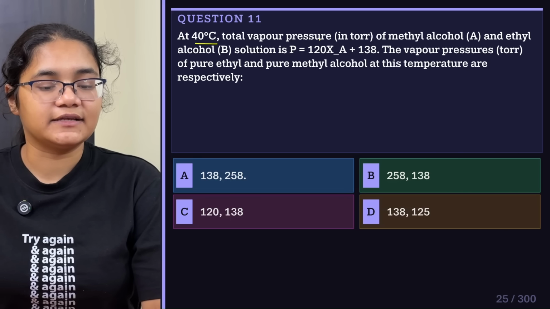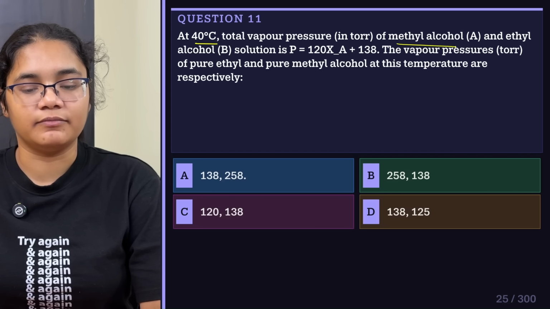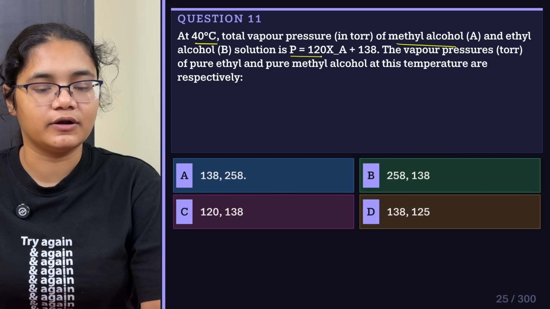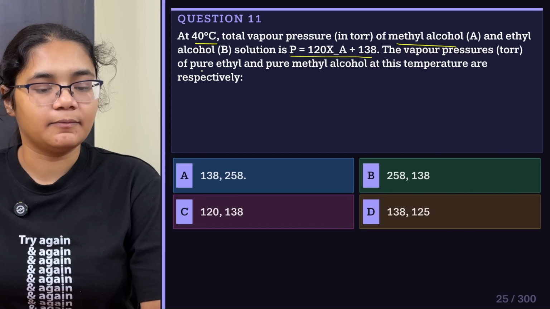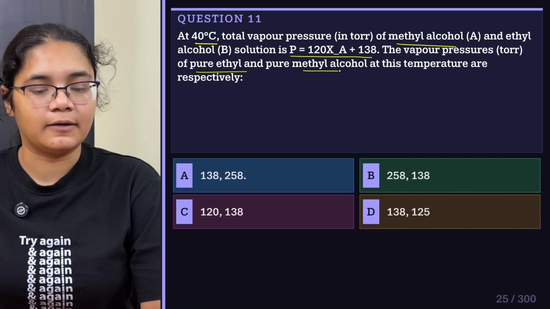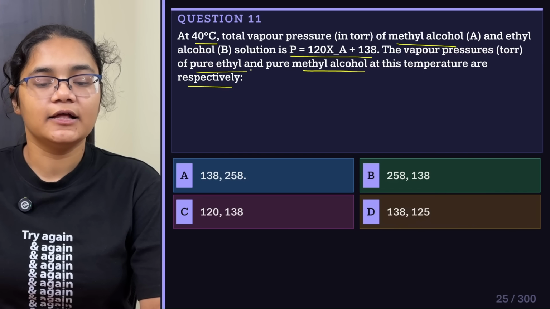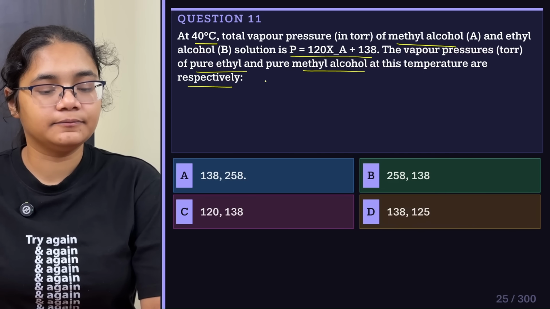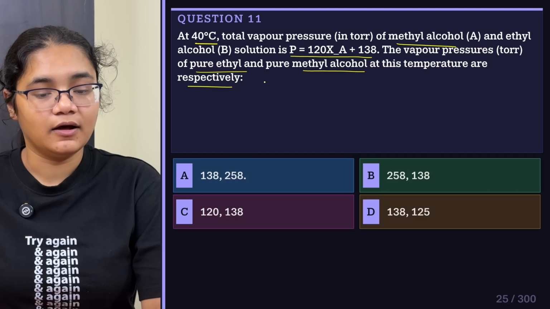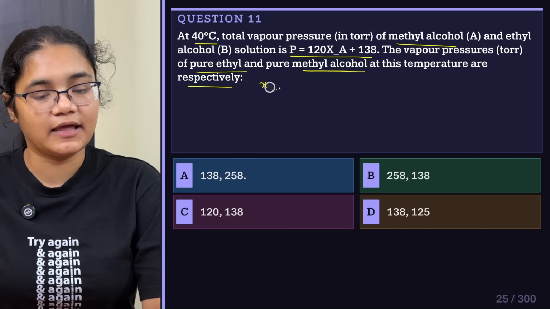Next, at 40 degrees Celsius, the total vapor pressure of methyl alcohol and ethyl alcohol is given by this equation. The vapor pressure of pure ethyl alcohol and pure methyl alcohol at this temperature are respectively. So first of all, let's assume that I have a mole fraction of methyl alcohol.